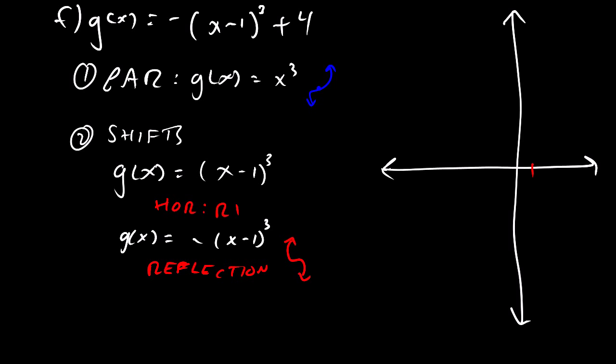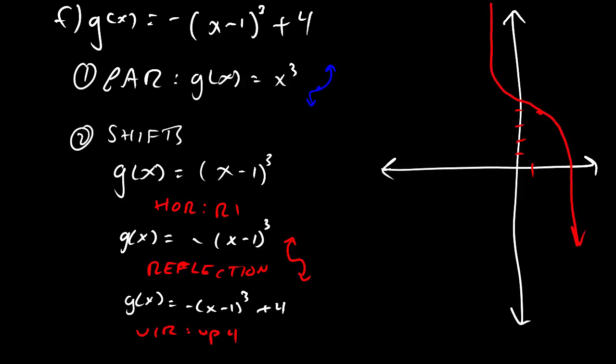And then the last part, g of x is equal to negative quantity x minus 1 cubed plus 4. Nice. What is our plus 4? It's a vertical, and we're going up 4. So 1, 2, 3, 4. So our new middle point's right there. And we have a reflection, so we're coming down from the top. So coming down from the top, and we're doing something like that. That's a beautiful graph. Any parent graph should be proud of that as well.